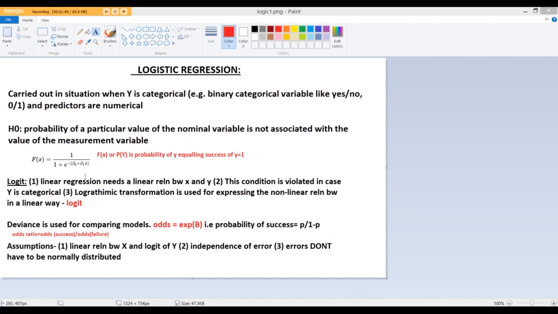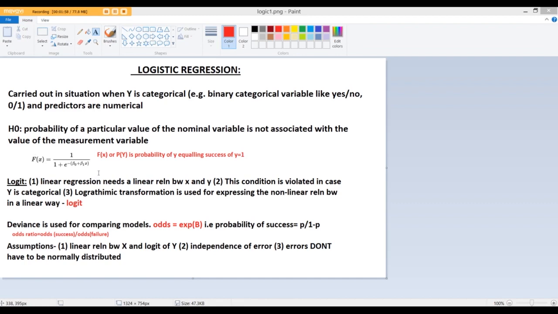I will not go into the mathematics of all this because the upshot is that you only need to remember that if you want to compute the probability of y happening, and assuming your y is a categorical variable, this is the formula you are going to use.